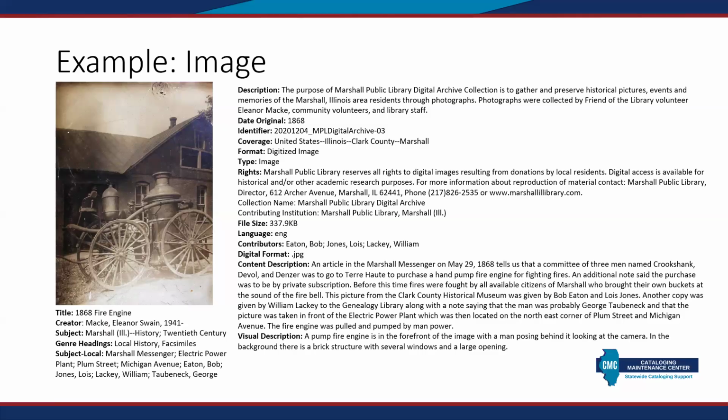We have description for a general description of the collection itself, content description for more detailed information about the photograph, and visual description for a visual description of the photograph. Date original, identifier, coverage, format, type, rights, file size, language, contributors, and digital format.